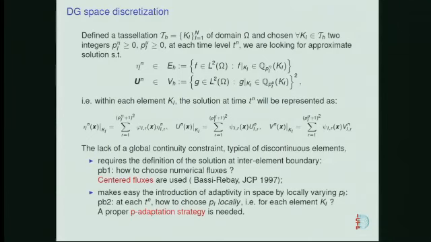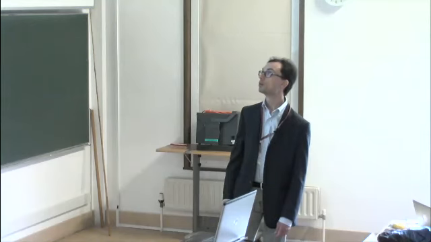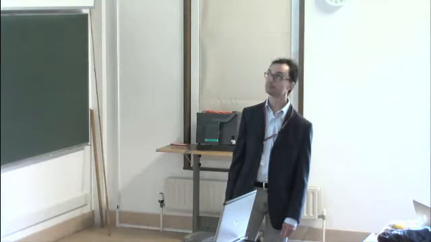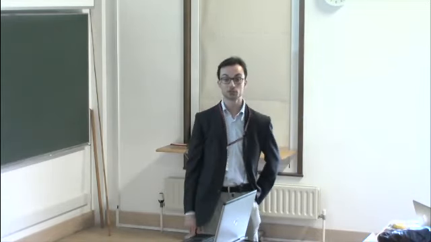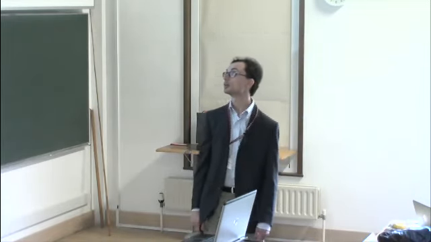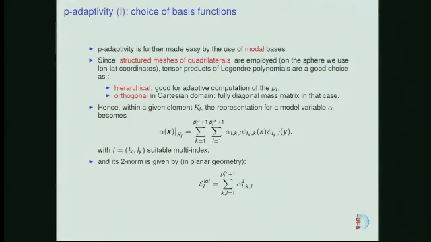Before describing it, I have to spend a couple of words on the basis we are using to span these subspaces. We are using a modal basis, and since we are working with structured meshes of quadrilaterals, we use as modal basis essentially tensor products of one-dimensional Legendre polynomials.